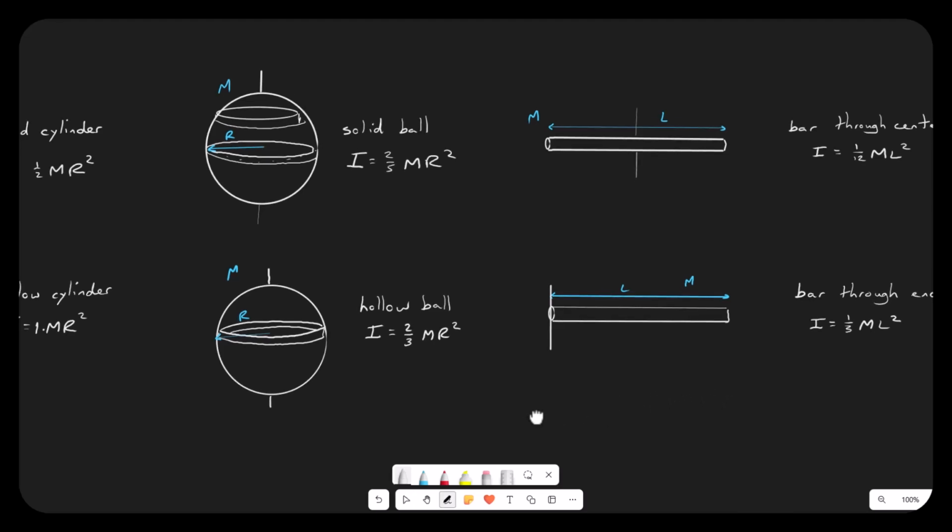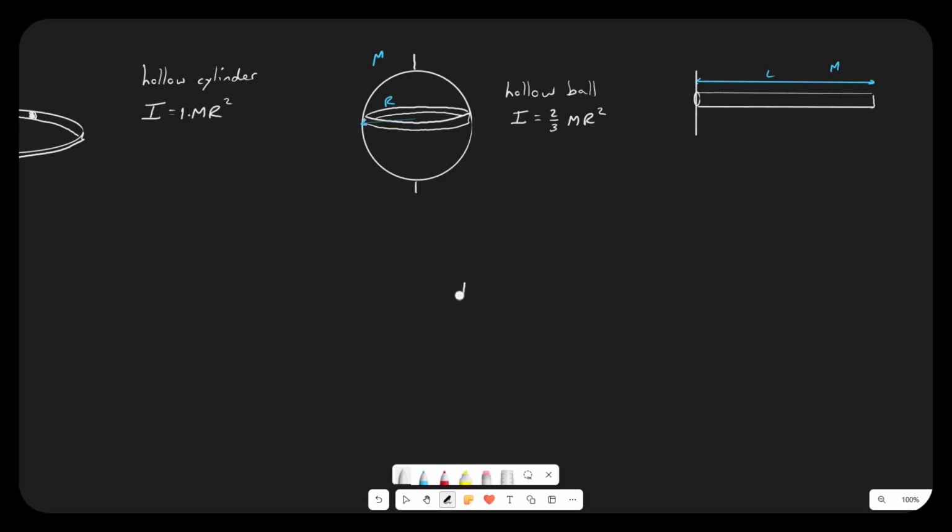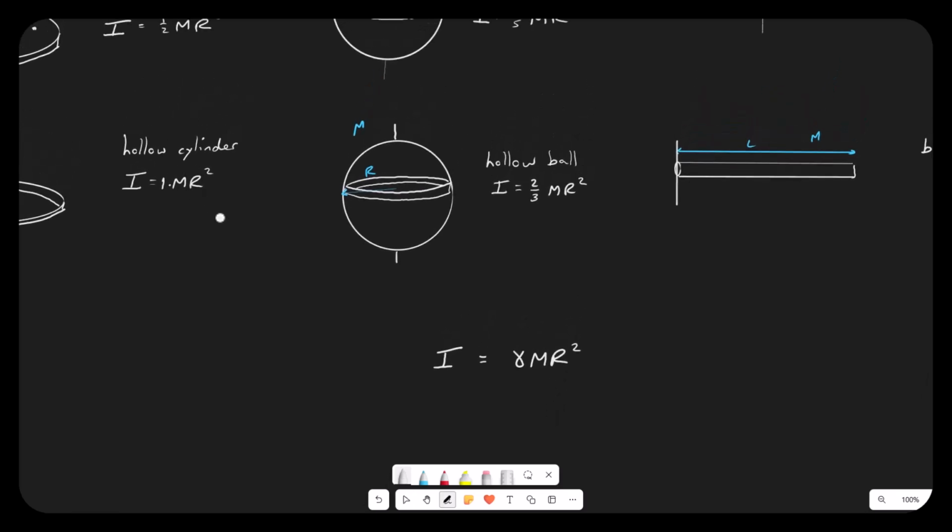Now I do want to generalize this a little bit. I'm going to say that the moment of inertia for some shape through the center of mass of the object is always going to be something or other times mr squared. For the bar, we're going to have to replace the r with an L. But the something or other, the gamma, is going to depend on the shape, or really on the mass distribution.